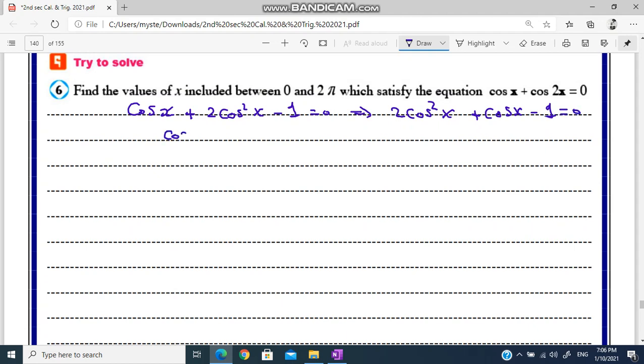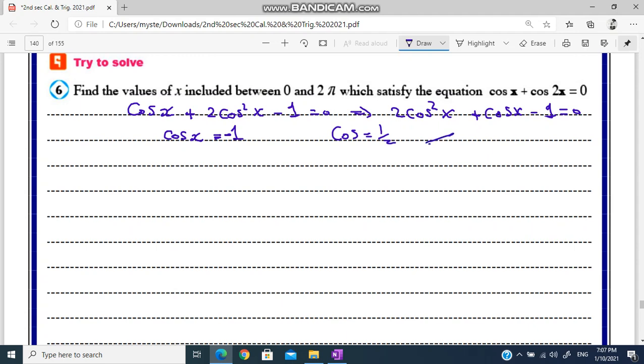So cosine x, 2 and 1, negative 1. Cosine x equals negative 1 and 1 over 2. So cosine x equals negative 1, and cosine x equals 1 over 2.